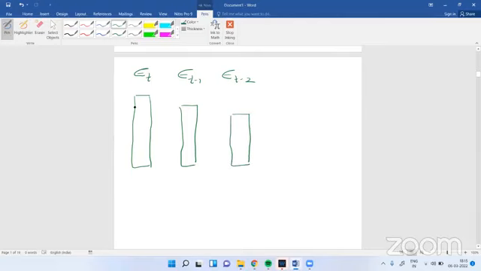Now, if this shows a strong correlation, right? If error at time period t shows strong correlation with t minus 1, it will show a very big spike, showing how much it is correlated at t minus 1.